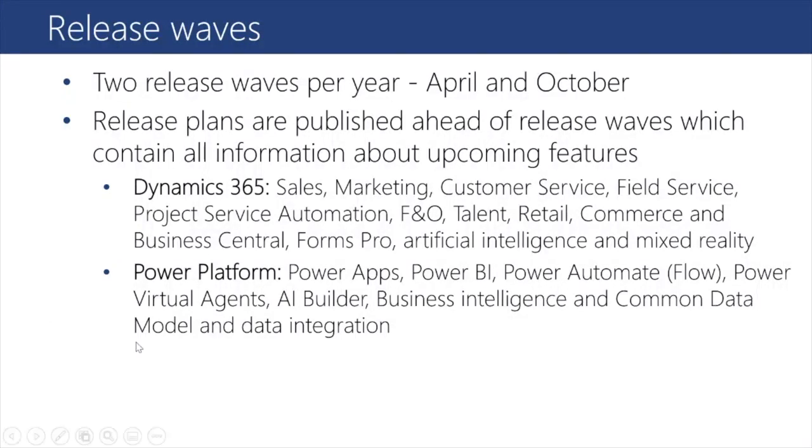It covers all apps within the Dynamics 365 product family, such as sales, marketing, customer service, field service. But we also have the apps within the Power Platform initiative. We have the release plan for Power Apps, Power BI, Power Automate, or Power Virtual Agents. So it's quite comprehensive.